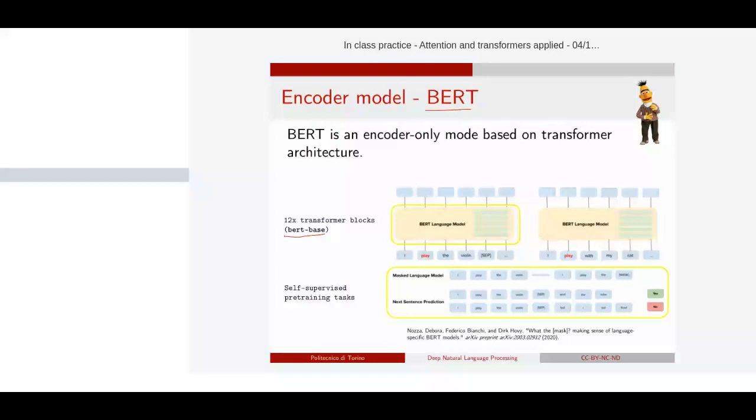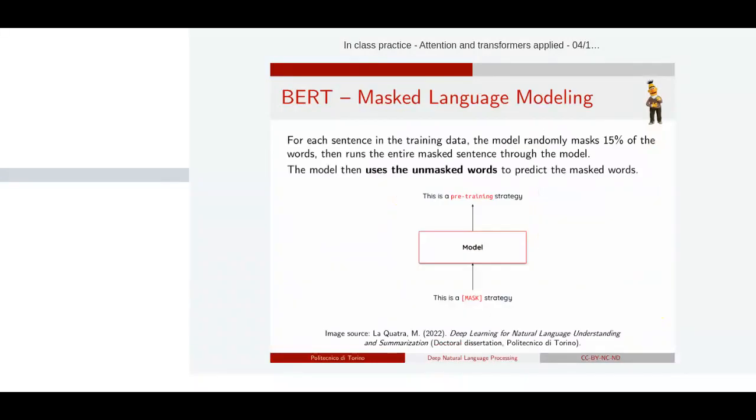And we can learn those models using self-supervised learning, with a specific self-supervised learning task. The idea is that BERT uses two tasks to leverage normal text. The first one is masked language modeling.